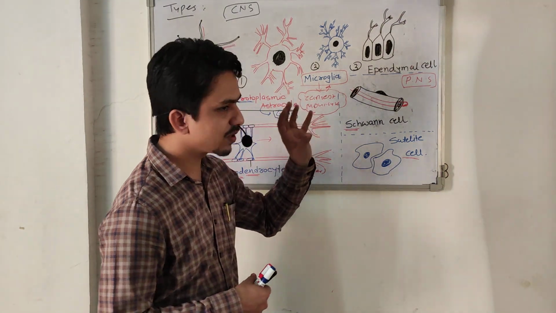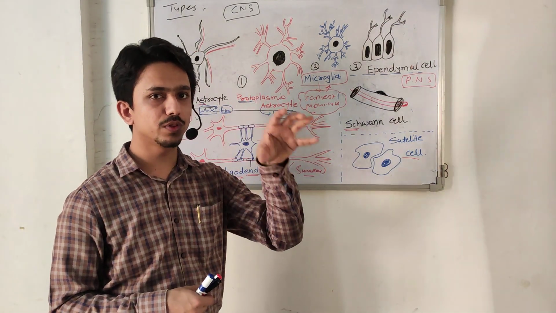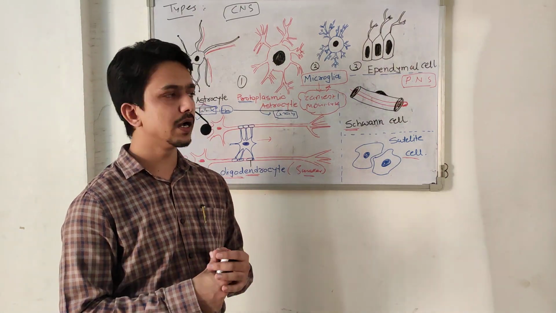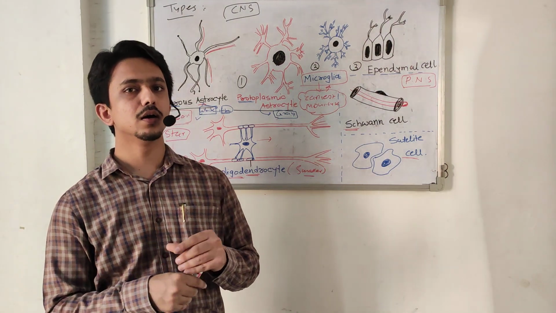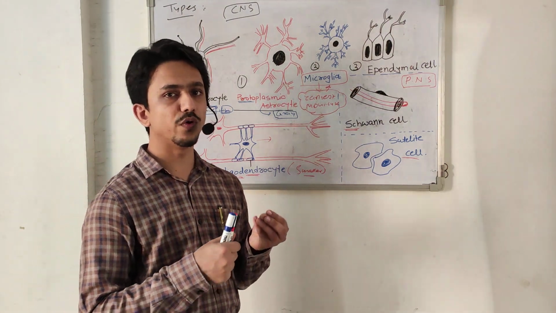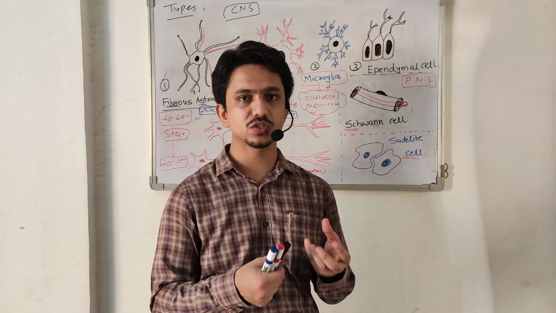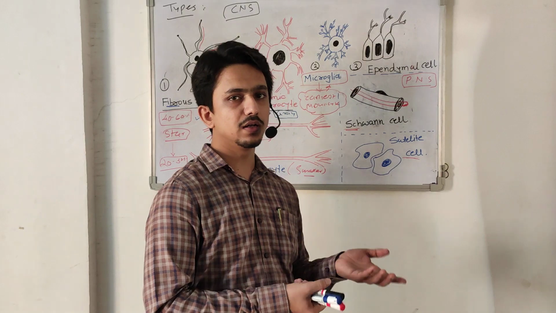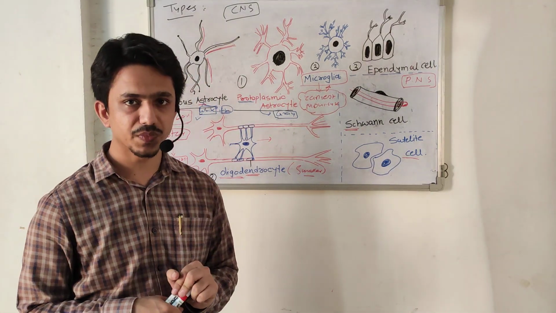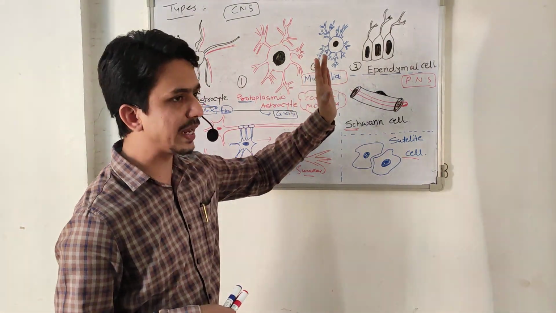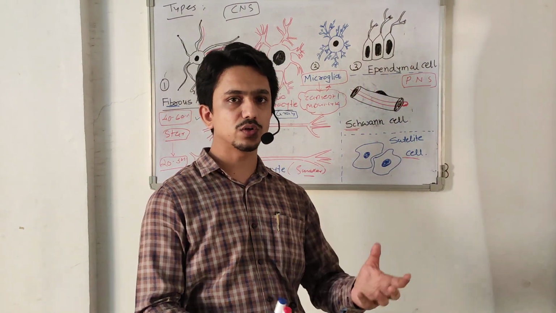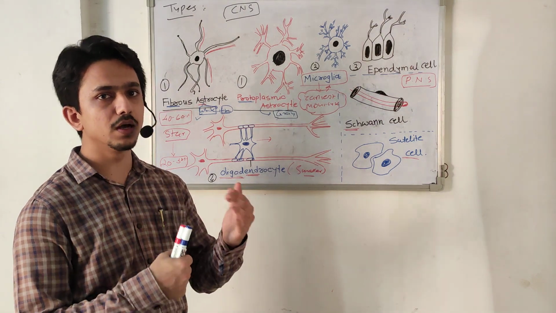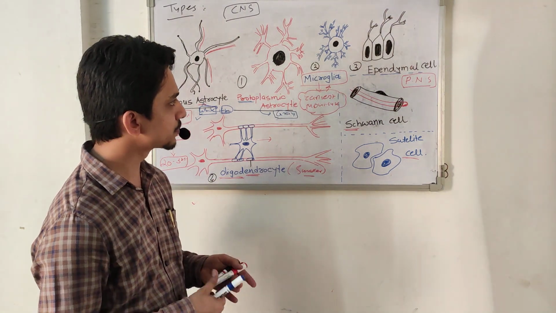They engulf the foreign body and destroy it. They are also responsible for cleaning out waste material or debris of the CNS, which arises after some injury. So microglia are mainly responsible for immune reactions and phagocytosis, protecting the CNS from foreign bodies or foreign particles.